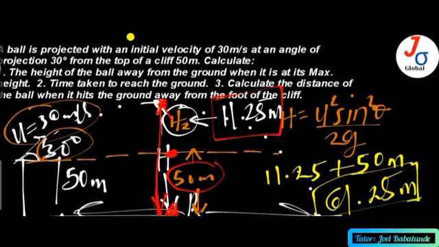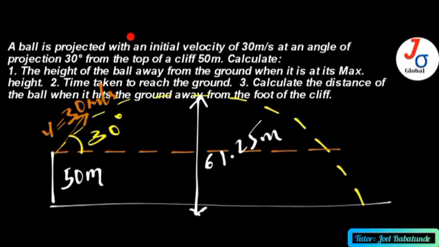Now, alright, so we want to calculate for the time to reach the ground. As you can see, we are combining case 1 and case 2 together. This is actually the path the ball travels. This is case 1, right? But I'm going to split this part at which the ball travels into 2.